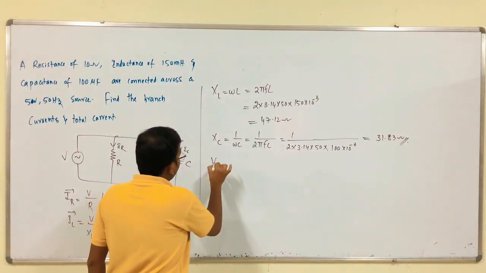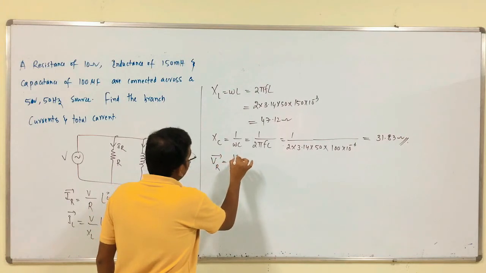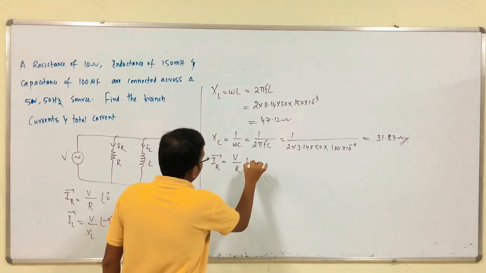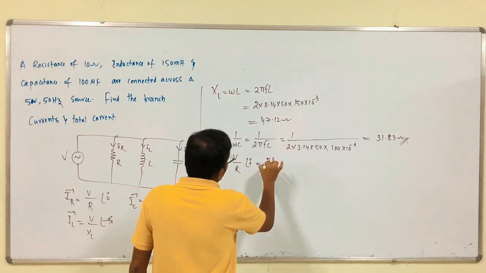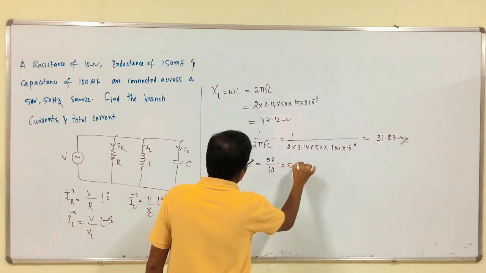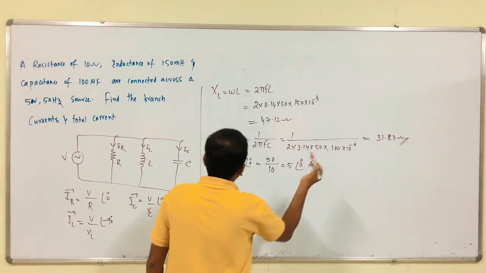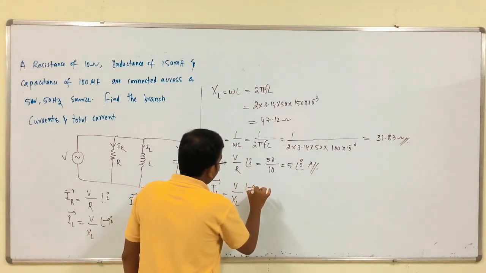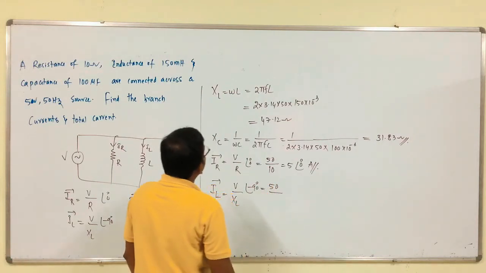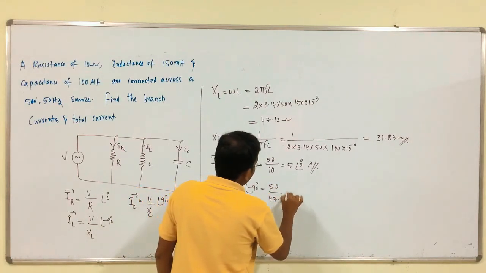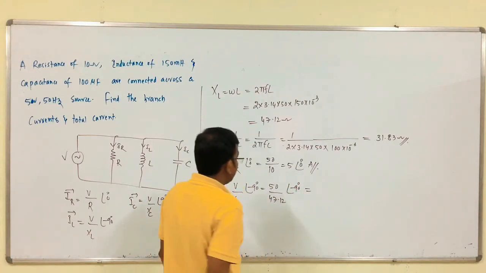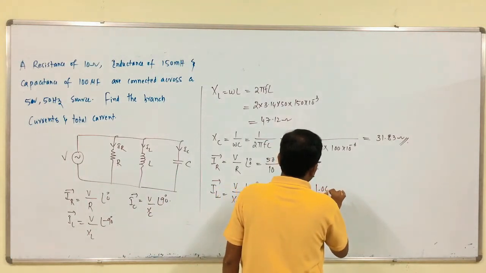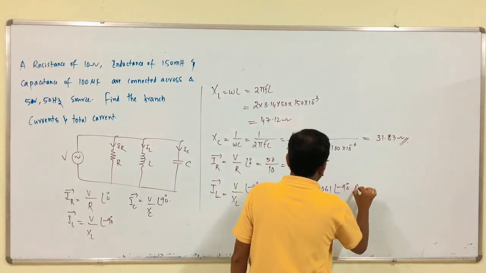So finally we have to calculate IR, which is equals to V by R at an angle of 0. What is V? That is 50 by R is what? 10, which is equals to 5 at an angle 0 amps. Completed. Next IL, which is equals to V by XL at an angle of minus 90. 50 by XL, 47.12 at an angle minus 90, which is equals to 1.061 at an angle of minus 90 amps.